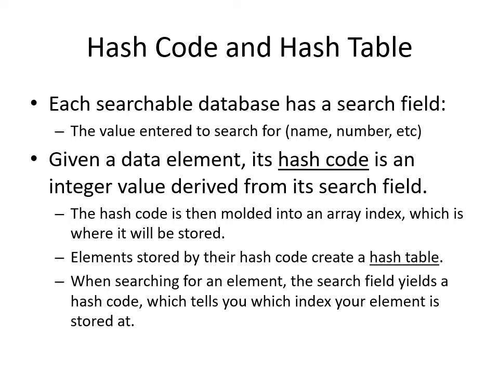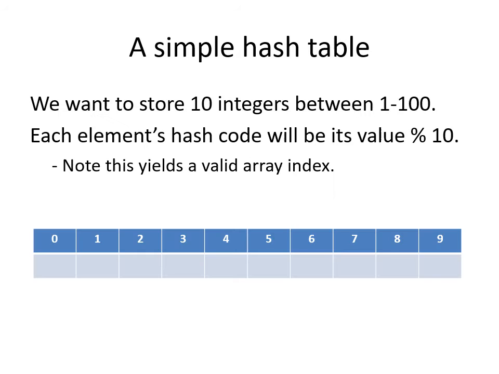The means by which you conduct a search is the same mechanic that we use for determining where that element is going to be stored. So once it's stored, the resulting search using those same mechanics will lead us to the place where we should find it. So it's one of these things that sounds too simple to be true, but it works beautifully with a couple of artifacts, which we'll get to.